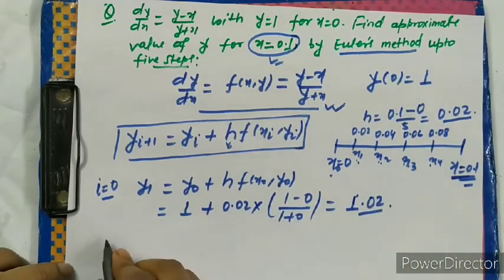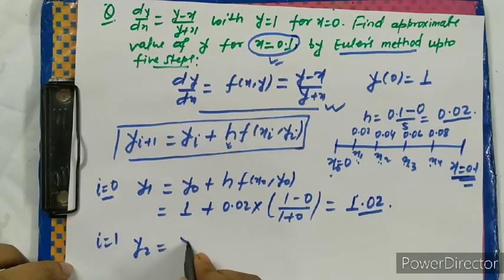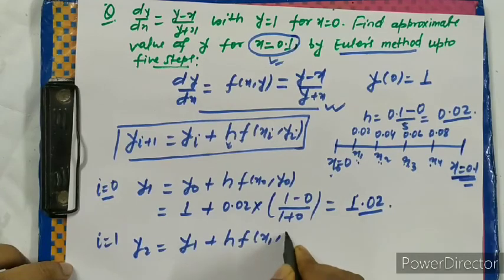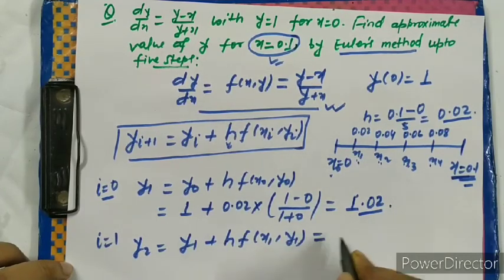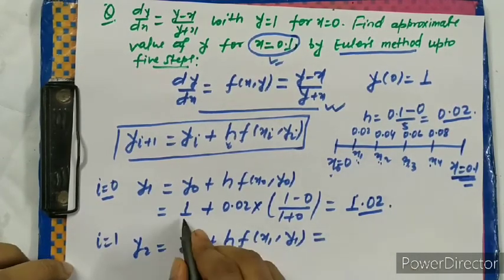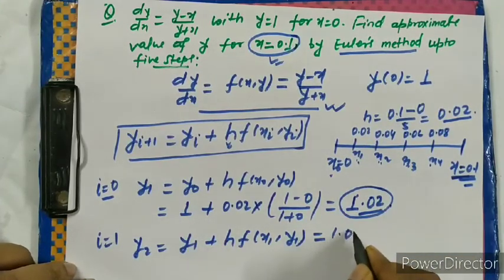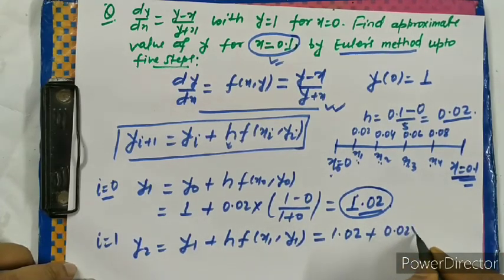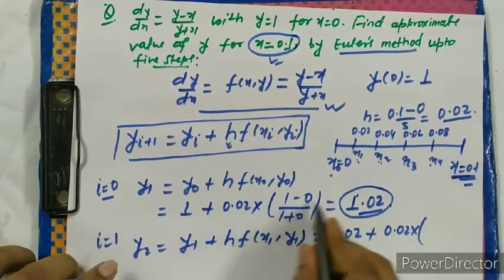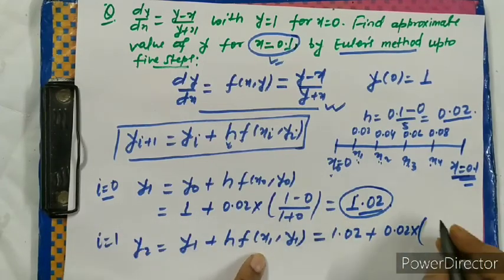Okay, for i is equal to 1, y2 is equal to similarly y1 plus h f(x1, y1). So y1 means this value, 1.02, plus h 0.02 into (y1 minus x1) divided by (y1 plus x1).